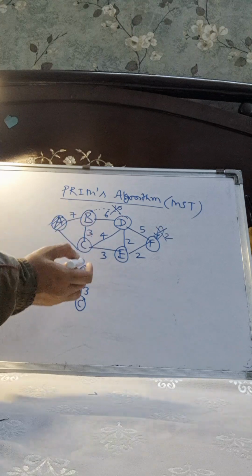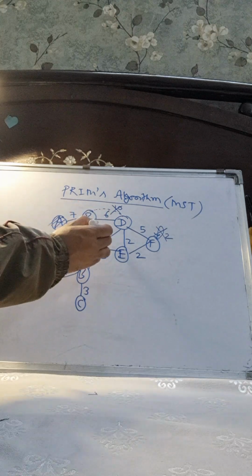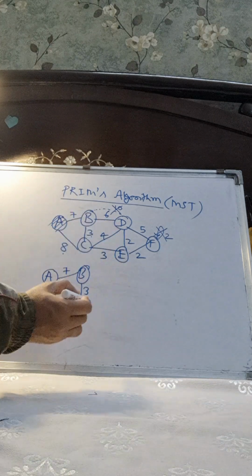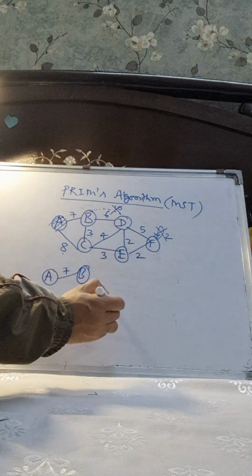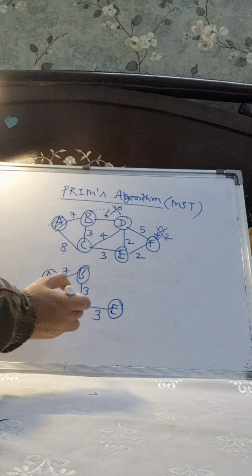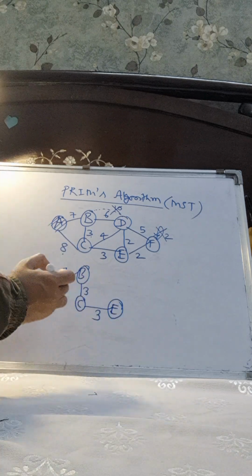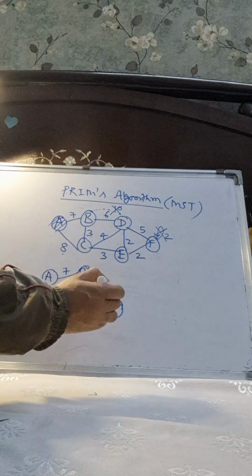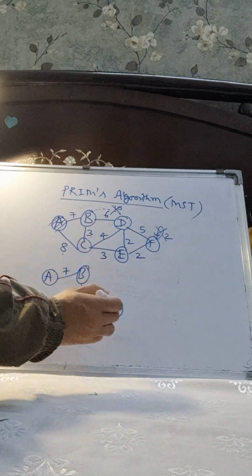This one we have already included. Out of 8, 4, 6 and 3, C to E is the least, so we include that edge in our solution with cost 3. We include the minimum cost edge out of all the available vertices. And now we have these 4 vertices.